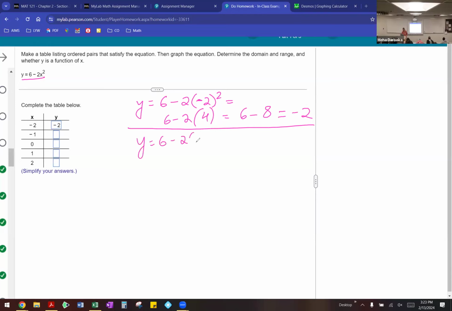So 6 minus 2 times -1 squared, and what is that coming out to be? -1 squared is +1. All right, that will be 6 minus 2 times 1, which will be 6 minus 2. What about the next one with the 0?